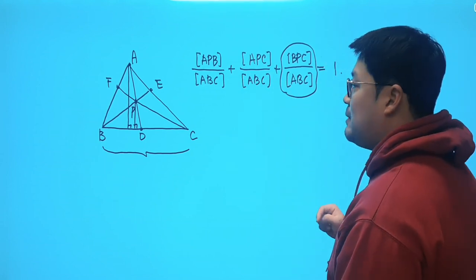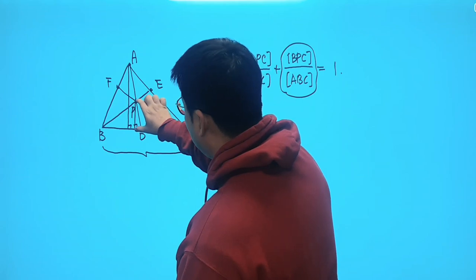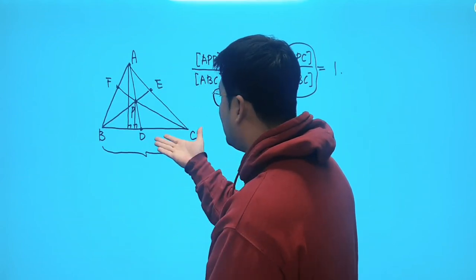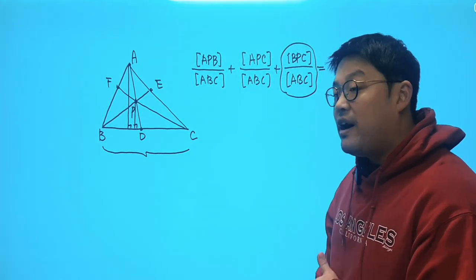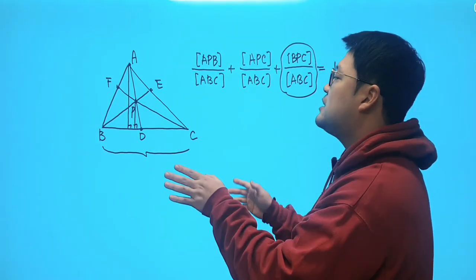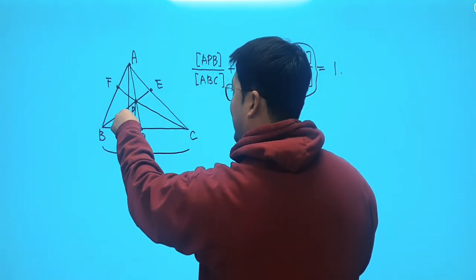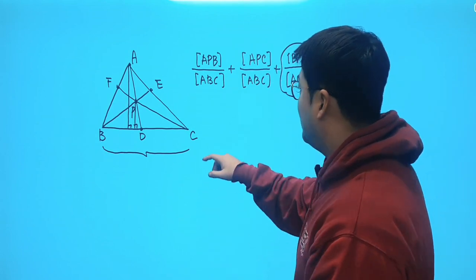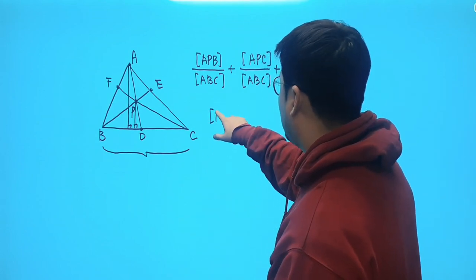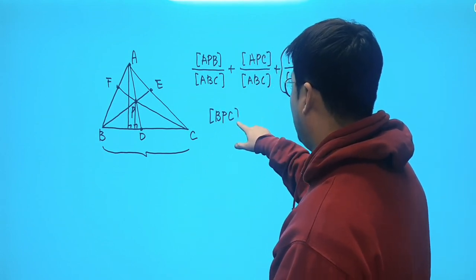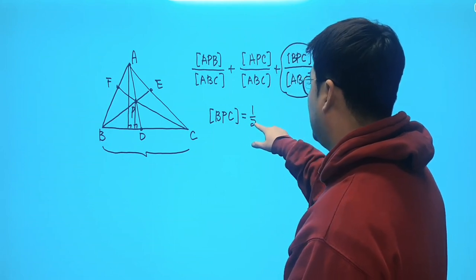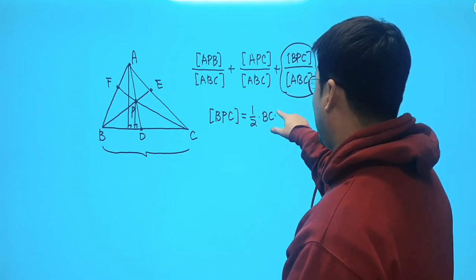And BPC to ABC, well, it looks like the height ratio, one height and another height, determines the area. So very specifically, if I call them H1 and H2, the area of triangle BPC is just going to be 1/2 times BC times H1.